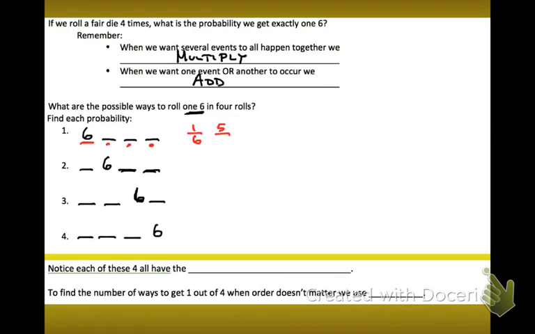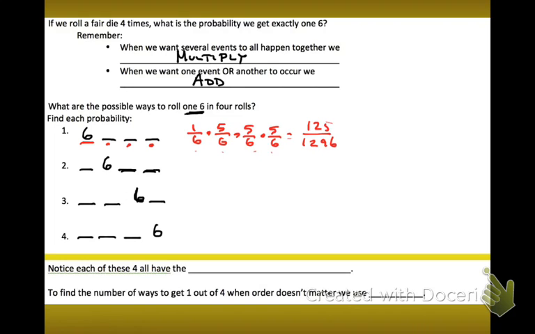So we're going to have 5 out of 6, 5 out of 6, and 5 out of 6. So we want to remember that if we want each of these things to happen, so we want this first, second, third, and fourth thing to happen all together, we're going to end up multiplying those. And this will give you, if you put it into a calculator, 125 out of 1,296.